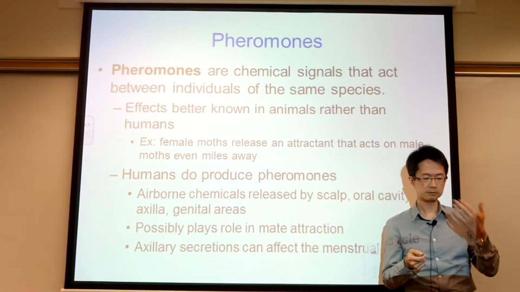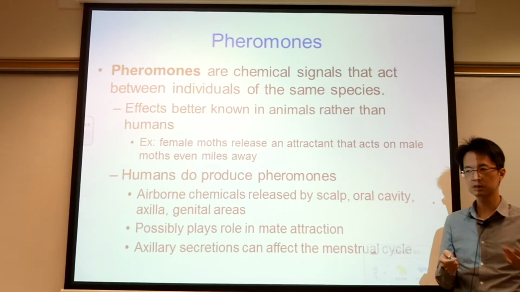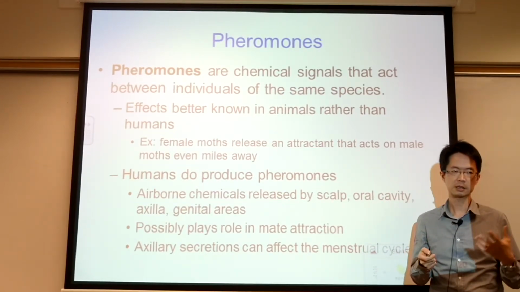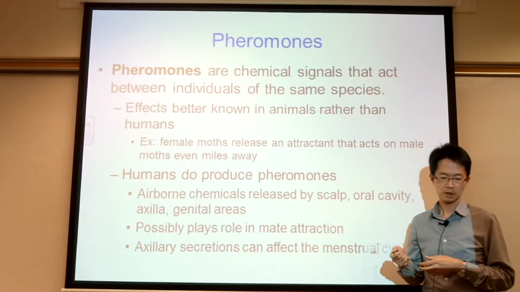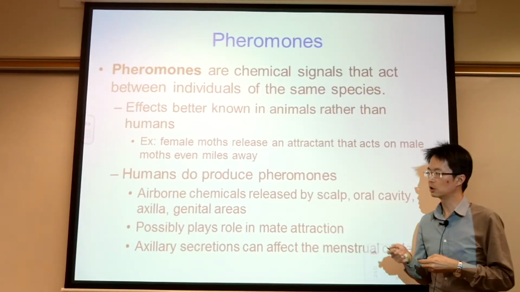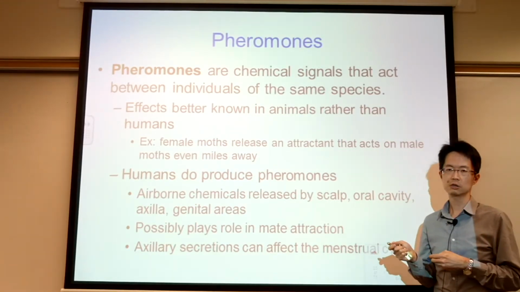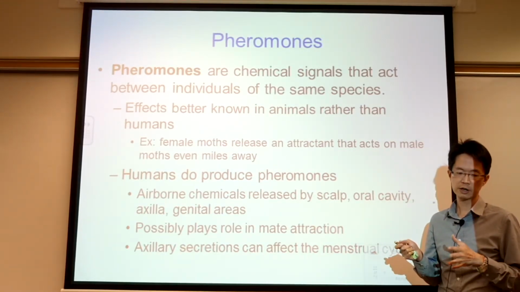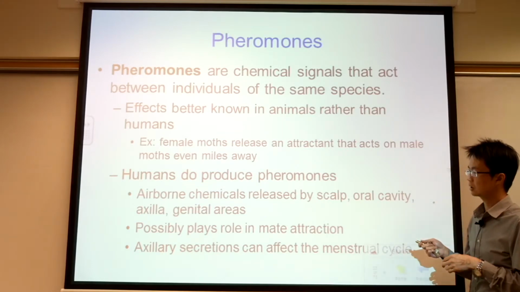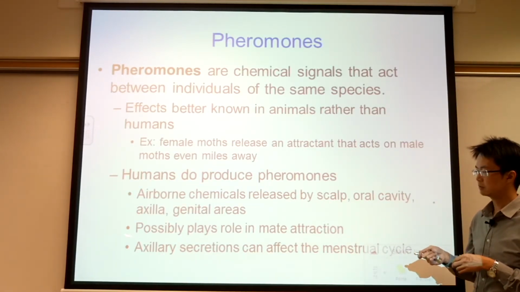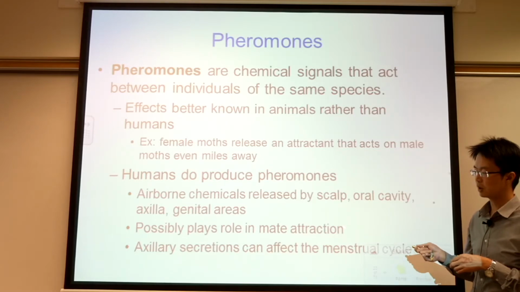It's not like dogs or cats. They have the olfactory receptor in their nose that can detect the pheromone. But it doesn't mean that we don't produce pheromones, and the pheromone also has an effect on us. Here is an example.